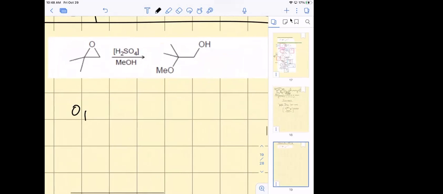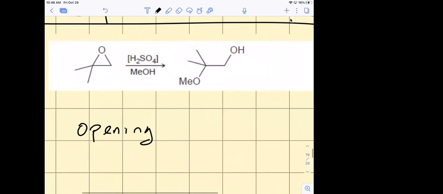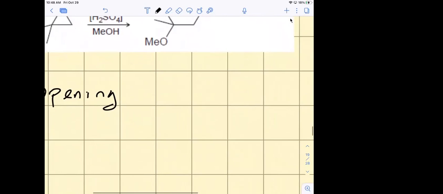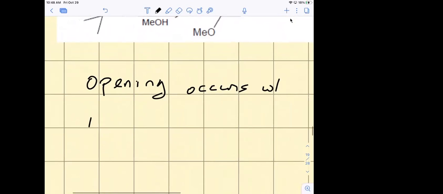You can open under either neutral conditions or acidic conditions.